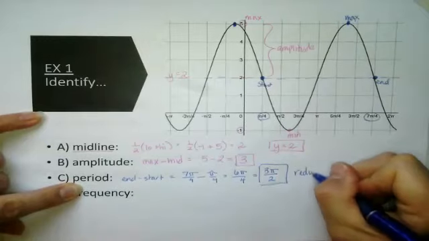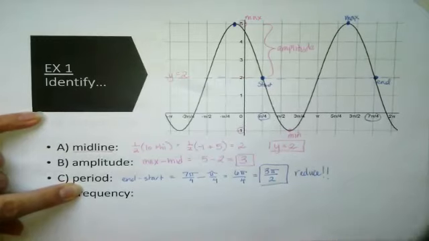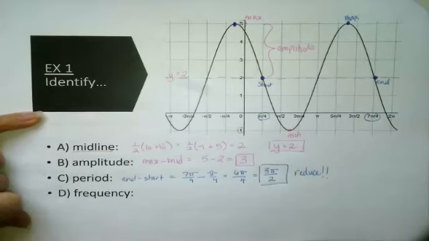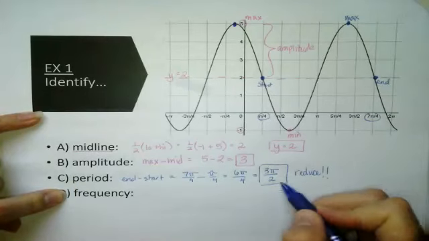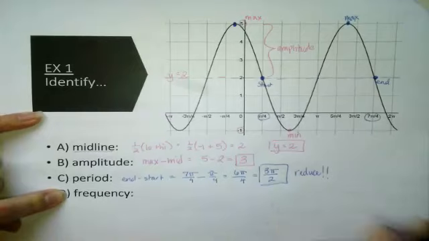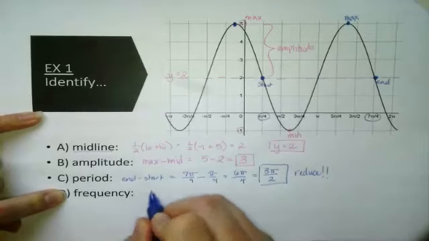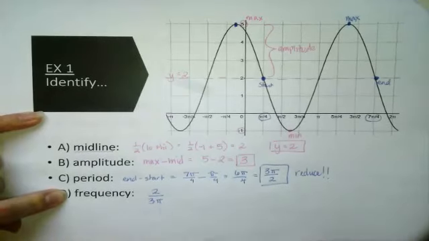Make sure you reduce. IXL is notorious for making sure you know how to reduce. Frequency is just the reciprocal of period. So all we have to do is flip this period. So that's going to be 2 over 3 pi. And that should be a fine answer.